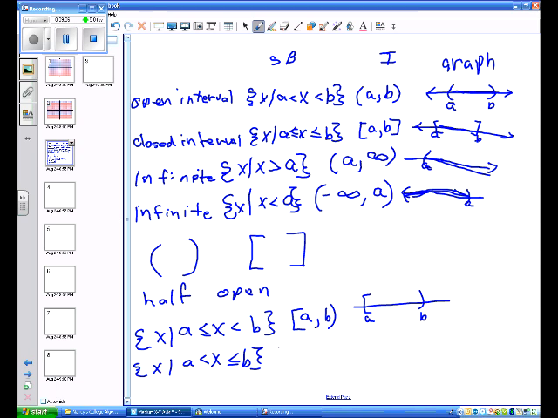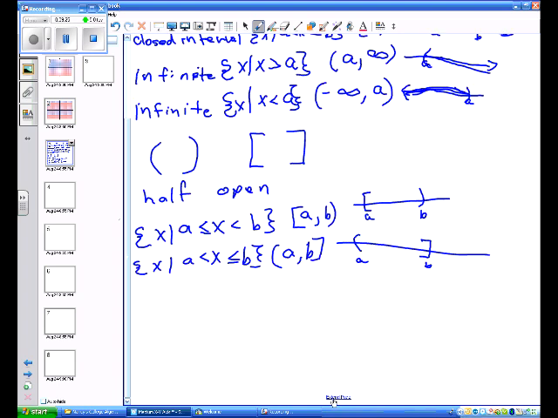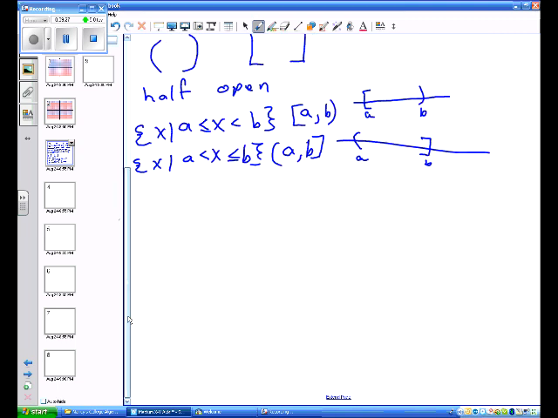So we would have the parenthesis A comma B, and we would use the square brace at the other end. And so on our graph, we would have our parenthesis for A, but we would have our square brace for B.